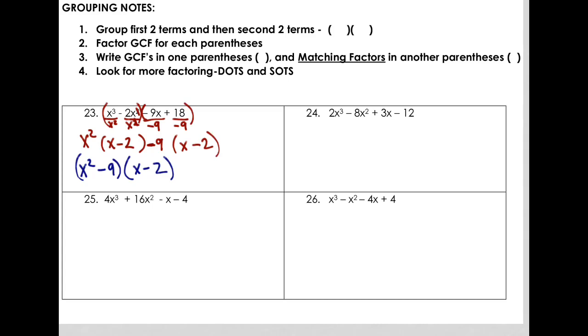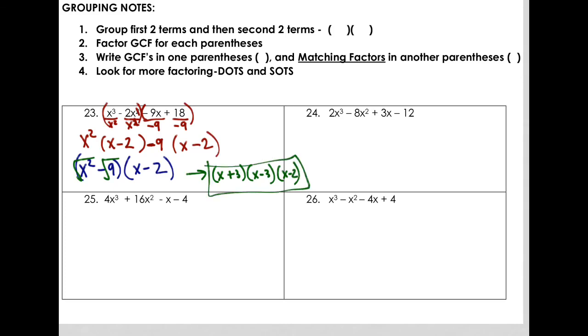So now, you got to take the square root of that, and the square root of that, and that's going to leave you with x plus 3, x minus 3, and then you take your remaining factor and you bring that along for the ride. x minus 2. Now you're done.